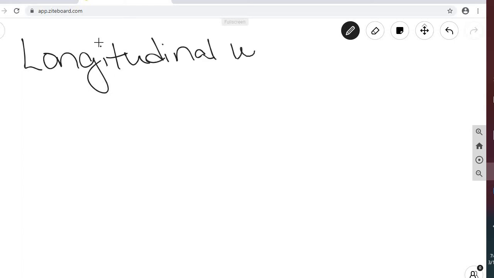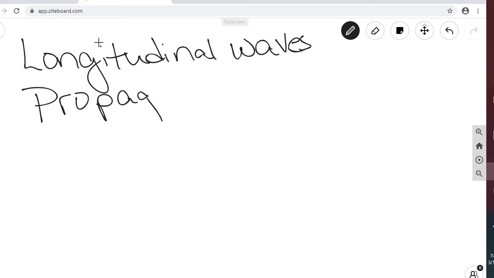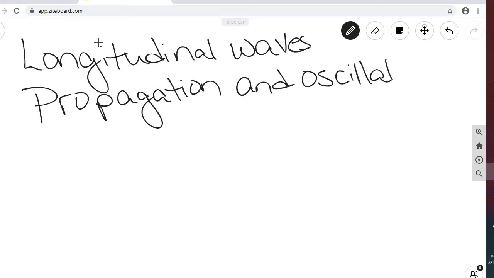In a longitudinal wave, the propagation and the oscillation are parallel. So in other words, the direction that the whole wave propagates, the whole wave moves, is the same as the way the individual parts of the wave move.